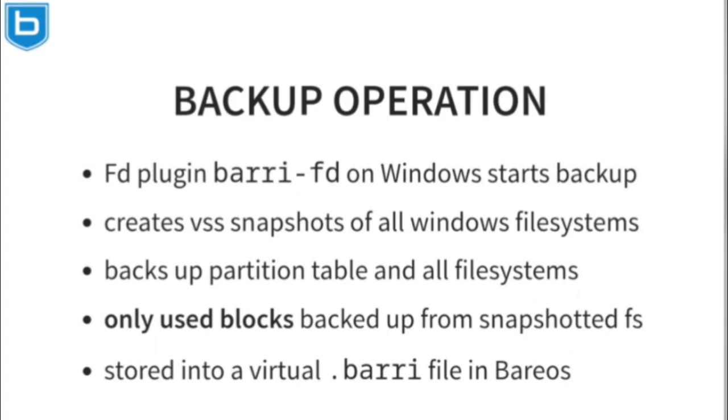And all this is then stored in a virtual Bare file. The Bare format was invented especially for this tool, and it contains the information of the disk, the partition table, the setup of the disk and the different partitions, and what has been stored from which partition.